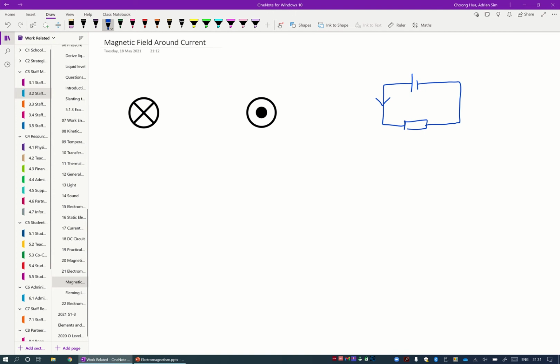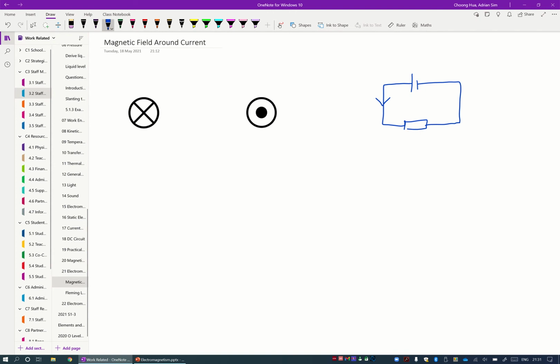However, when it comes to electromagnetism, we need to see diagrams in a three-dimensional way. When I draw the current in this fashion, I can only draw on a plane, on a flat surface. But how are we going to illustrate it in a three-dimensional way?